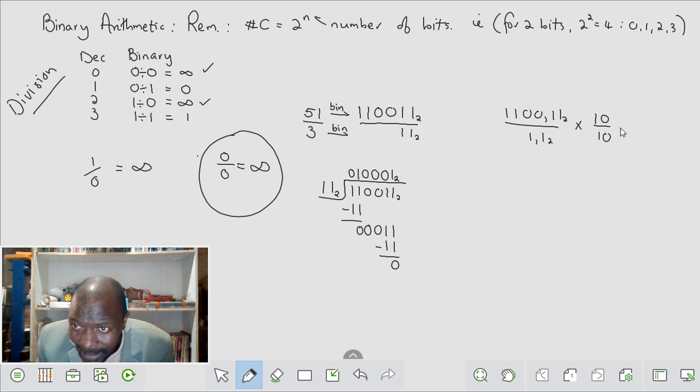So the nice thing about it is that what looks like a 10, which is in fact 2 in binary, this is our base. Remember, 2 is our base. The 2 does the same job in binary that the 10 does in decimal. So let's prove this.